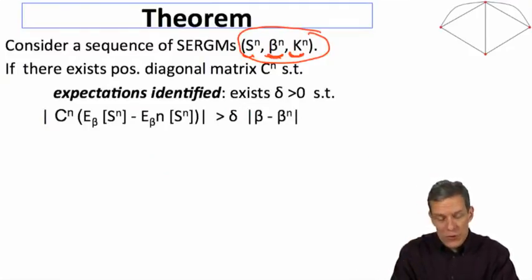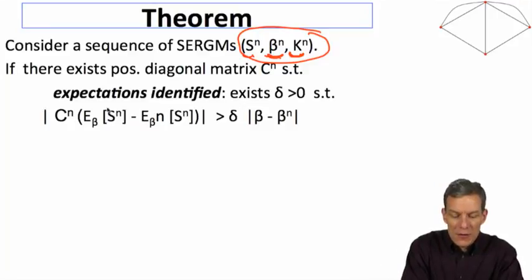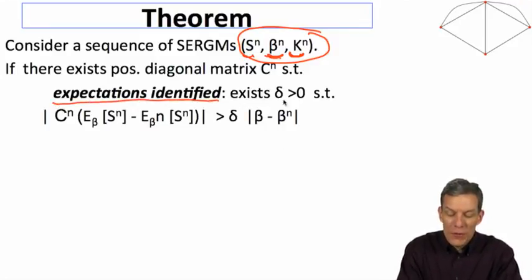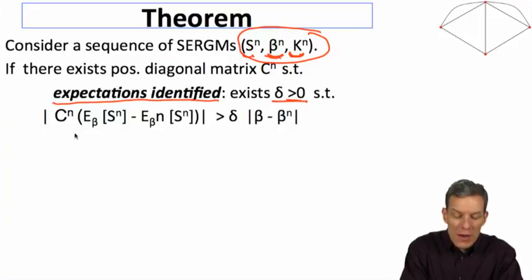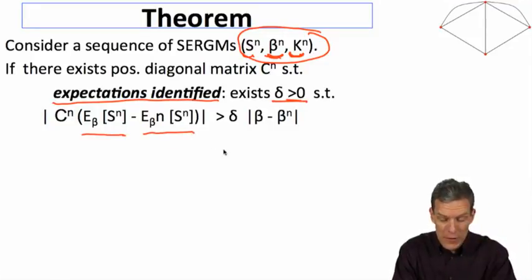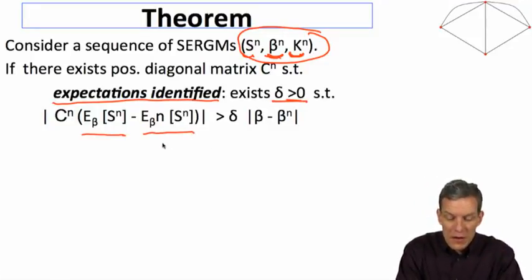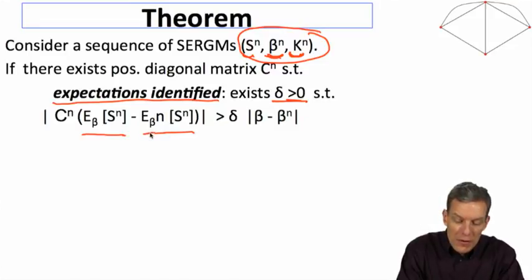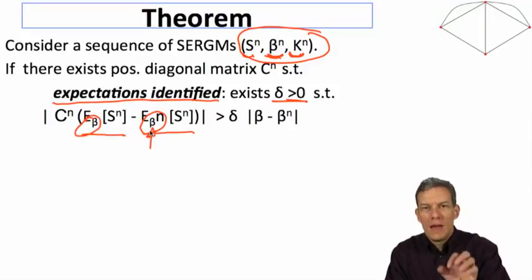Okay, so we'll first say that a sequence of SERGMs is expectations identified if there exists some delta such that when you vary the expectation of the statistics, as if we move to some other beta that's a little bit different from the actual beta that nature might be using.